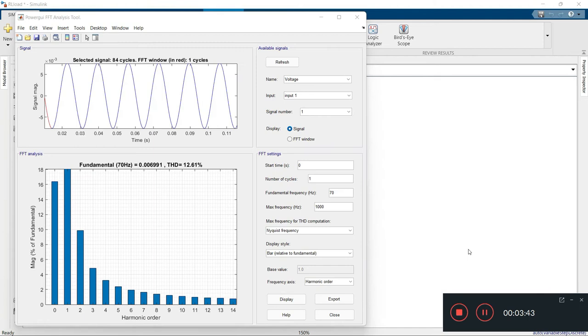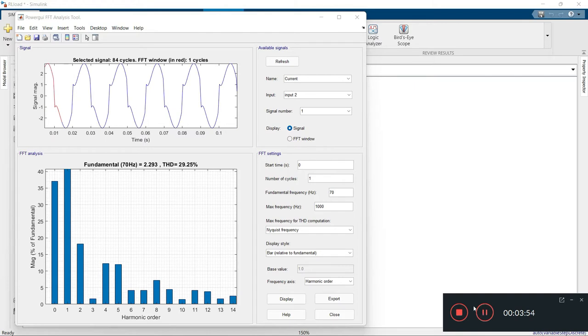We got a similar shape of sinusoidal wave, but with a different THD, 12.61%. In current harmonics, we see a bit of distortion in the wave. The THD has decreased to 29.25%.